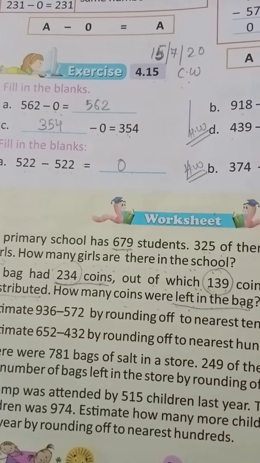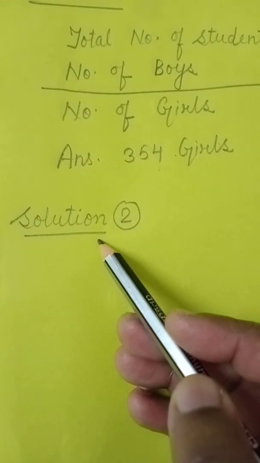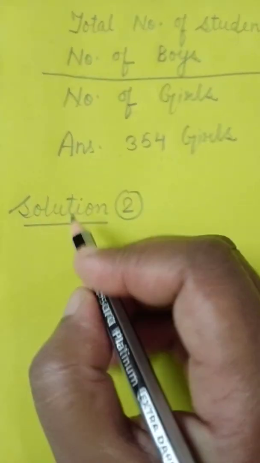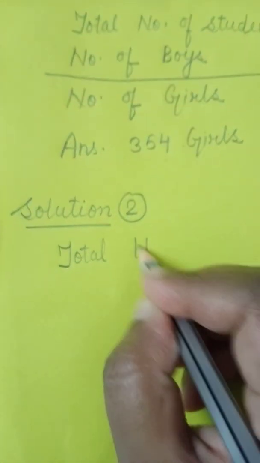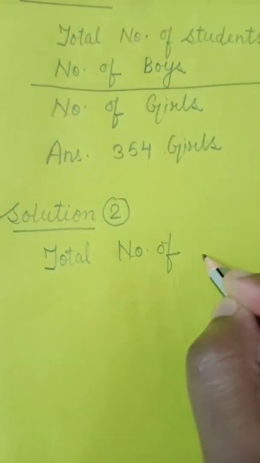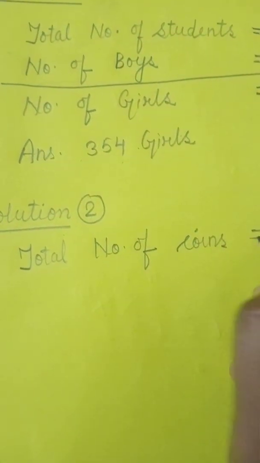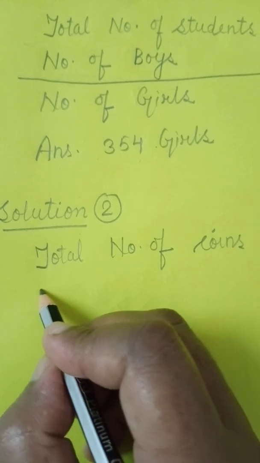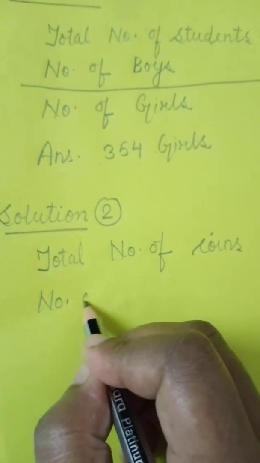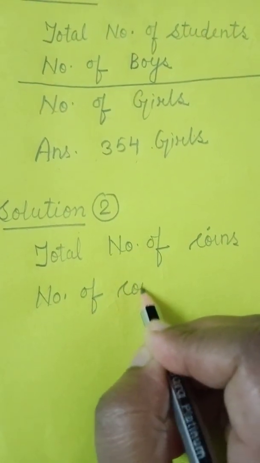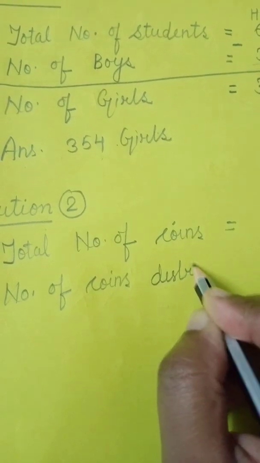So let's do it. First of all, you have to write the solution. Okay, then you have to write total number of coins. Then put the equal to sign. Then what is the next line? Number of coins distributed.